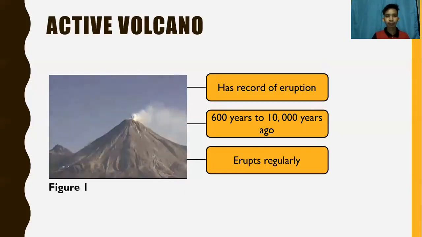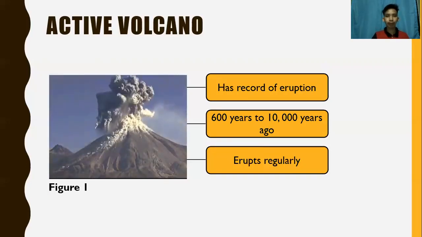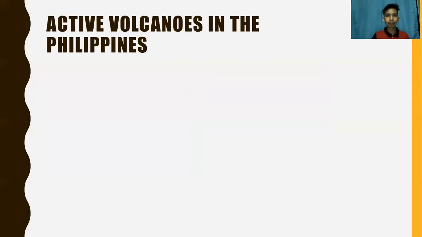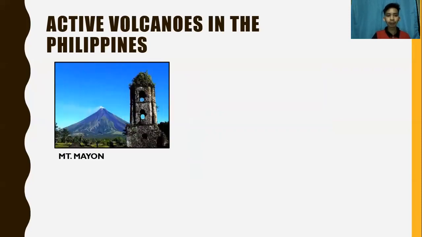Now, can you identify the different examples of active volcano in our country? So let's have some examples. What are the different active volcanoes in the Philippines? The first one, we have Mount Mayon, which is located in Albay.